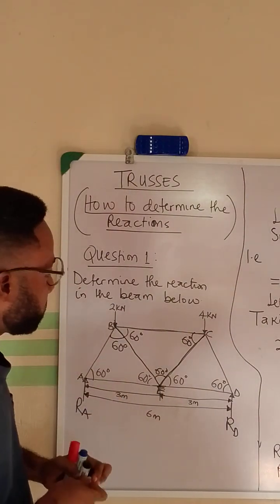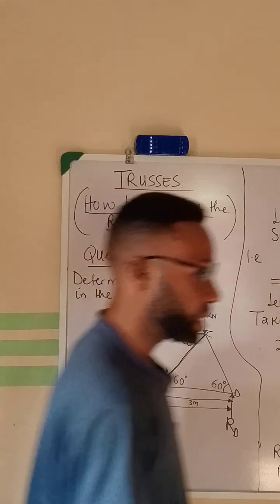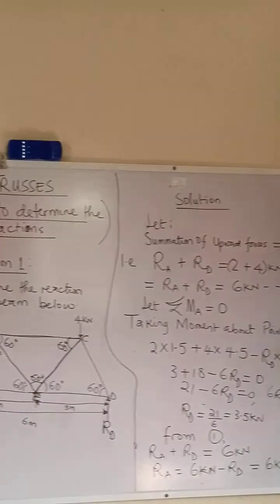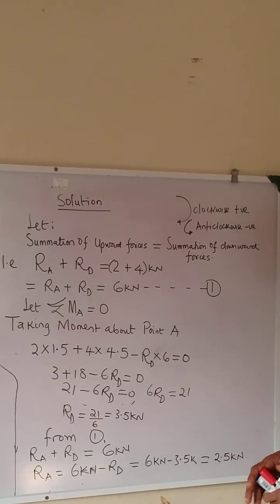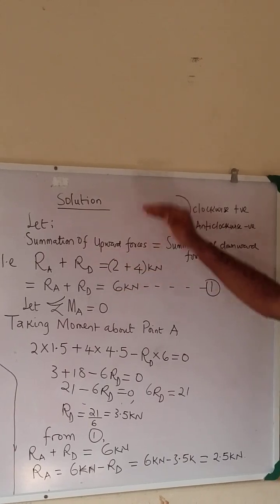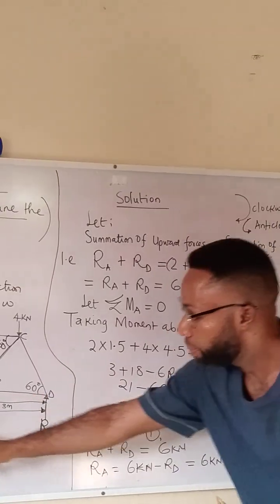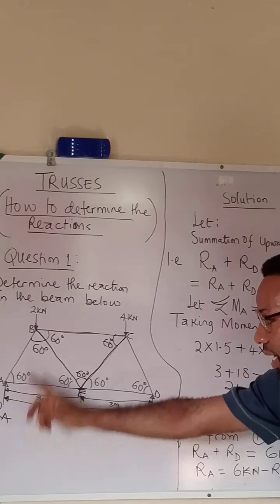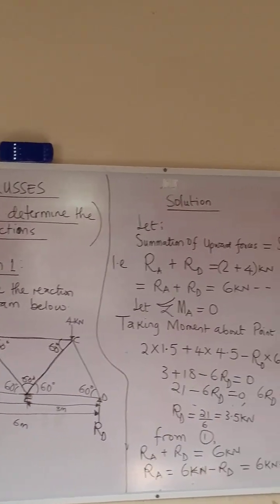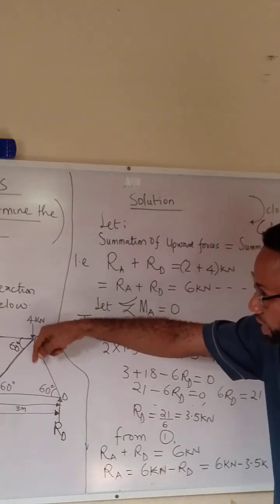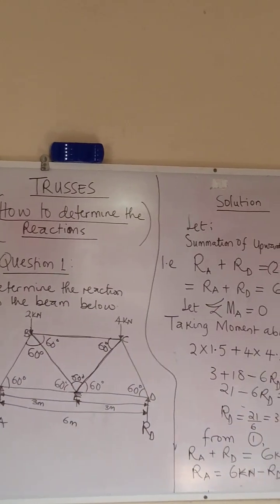In order to move further with the solution of this question, we have to make a mathematical statement: let the summation of upward forces, these are the upward reactions, be equal to the summation of downward forces, these are the downward forces that we have.